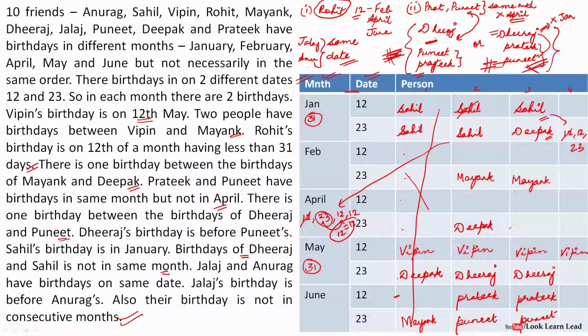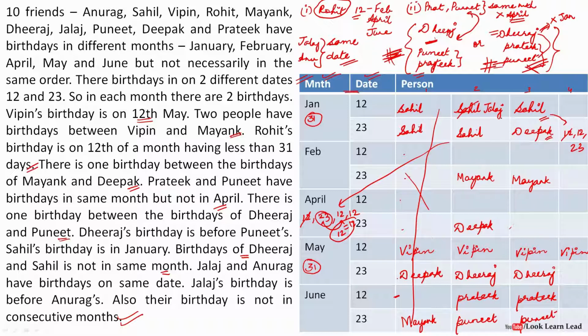So this 12 can be given to Jalaj and the next can be given to Anurag. Jalaj's birthday is before Anurag's, and Rohit's birthday can be on the 12th of Feb, April or June. Between Jalaj and Anurag there should be a gap of one month.